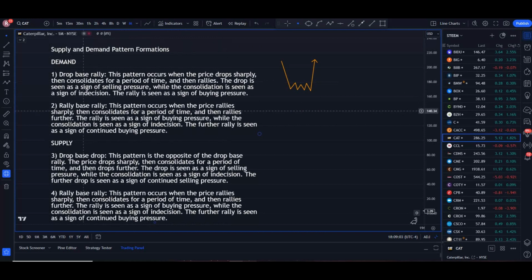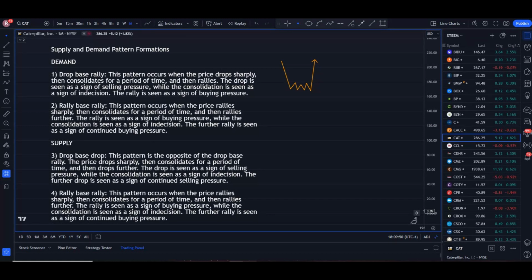The second formation is the rally, base, rally.